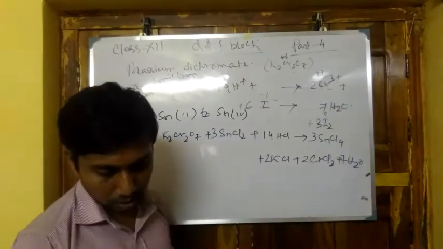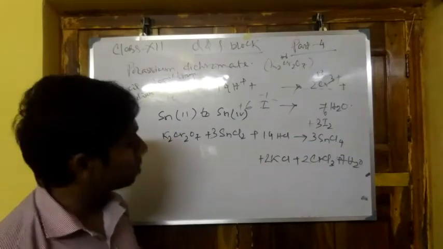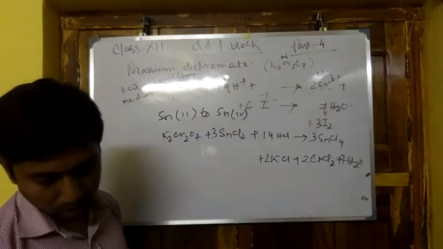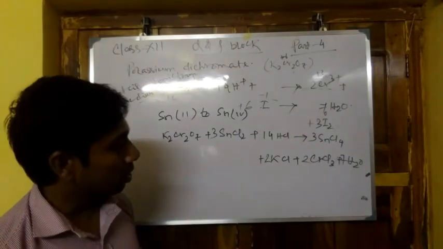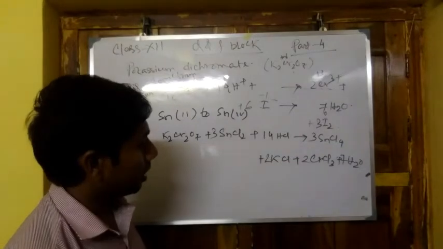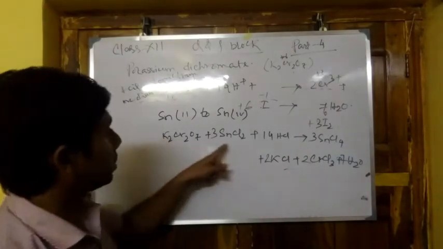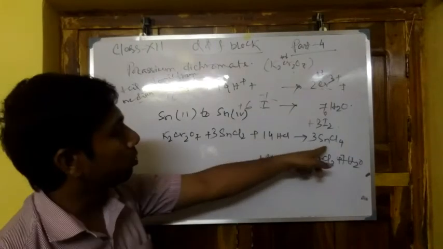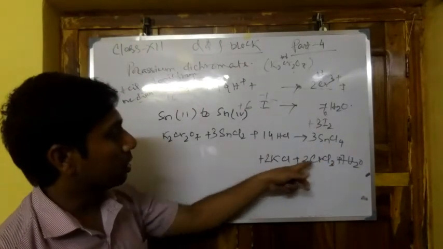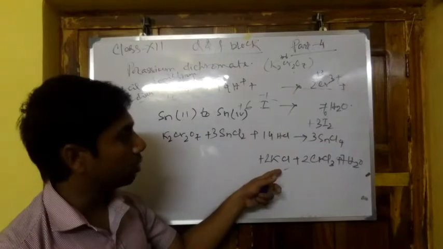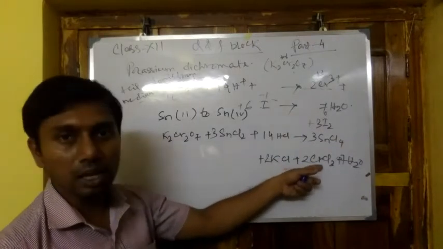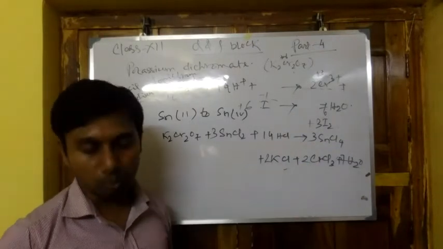I think it is balanced. K2Cr2O7 plus 3 SnCl2 plus 14 HCl gives 2 KCl plus 2 CrCl3 plus 7 H2O plus 3 SnCl4. Right, so this is the equation. Just like K2SO4 and chromium sulfate, here KCl, CrCl3 and water molecule.